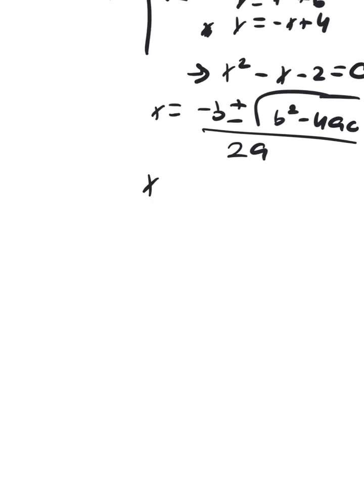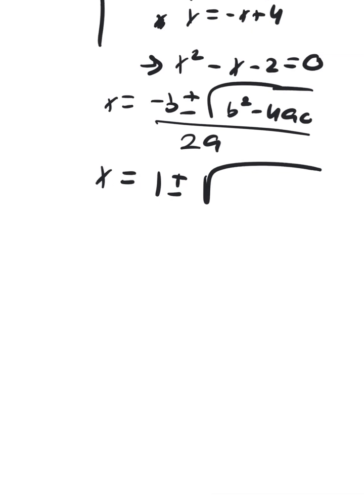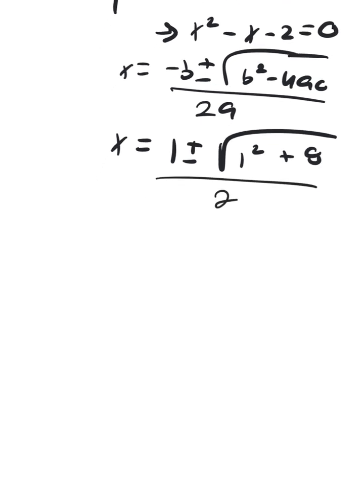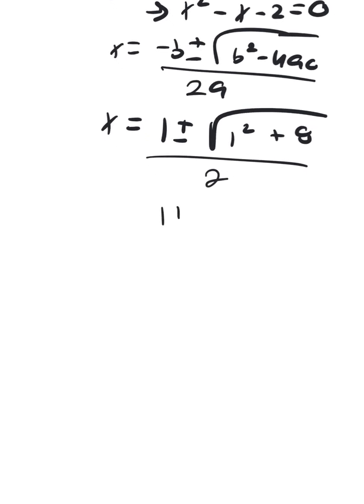So plug in the problem here. x equals 1 plus or minus the square root of 1 squared plus 8 over 2 times a, which is 2. So if we solve this, we get 1 plus or minus the square root of 9, which is 3, over 2. So let's solve.